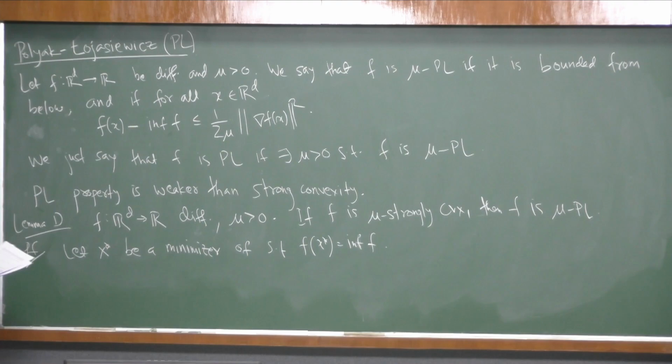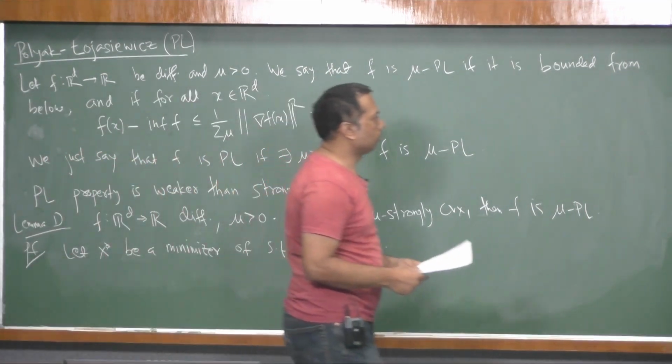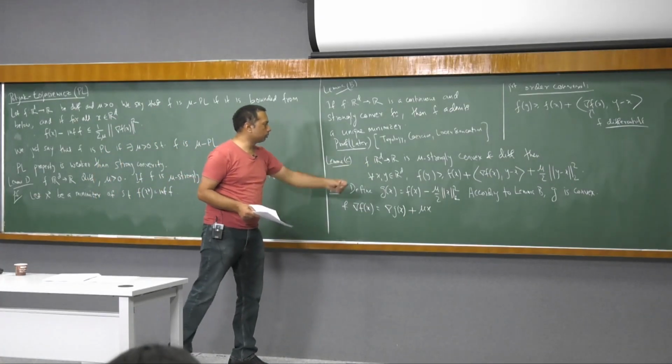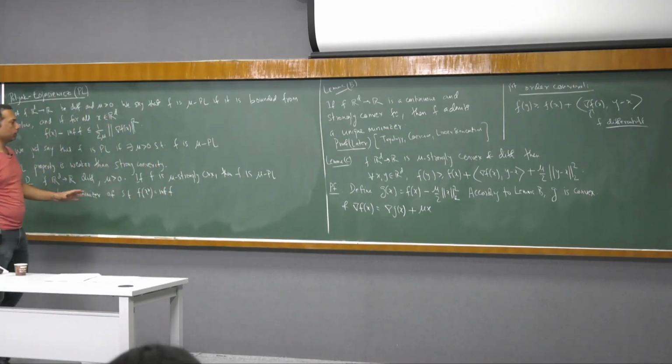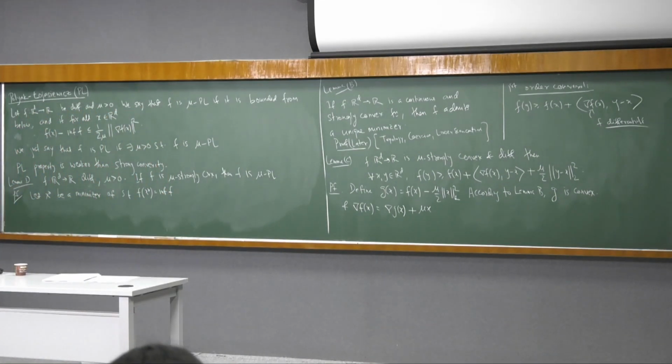So let us start with lemma C. Since f is strongly convex, we do have this, and in place of y, at least in the first step, we are going to put x star, and that's how we will get the infimum of f.